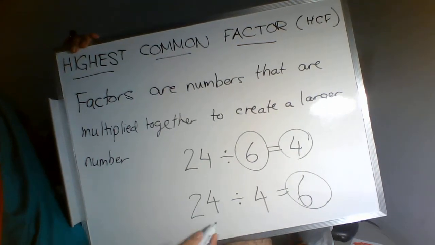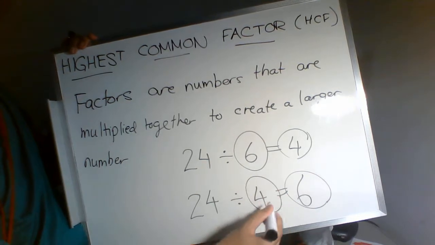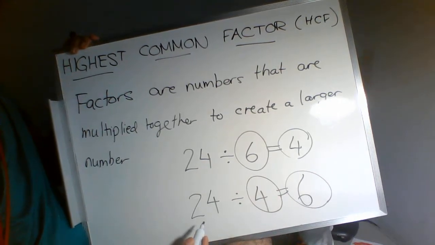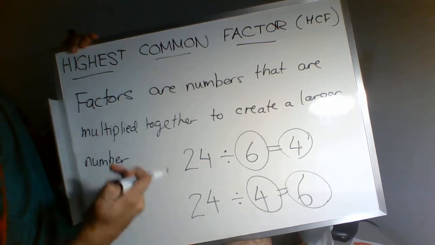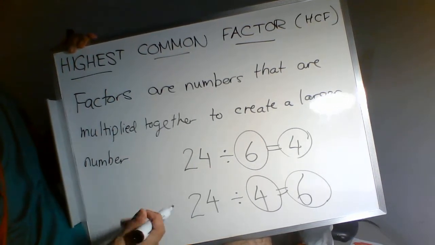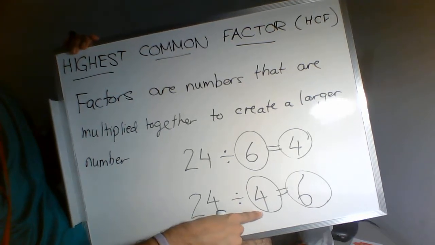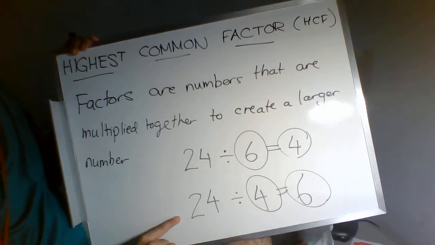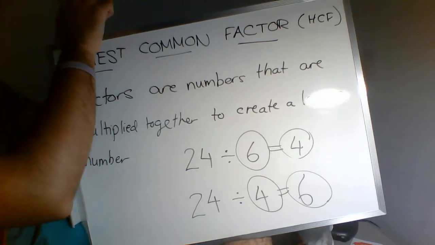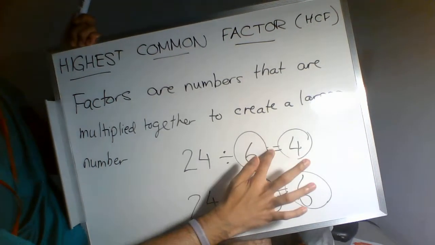So what that tells me is 4 right here is also a factor of 24, right? If we think about it in this sense of division, the number that you divide by and your answer are both factors of the number that you started with, which, if you rewrite it as a multiplication problem, makes a lot of sense.